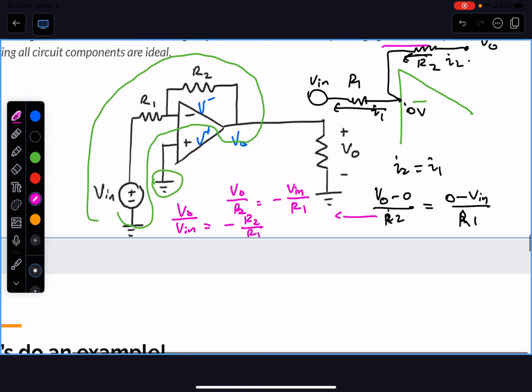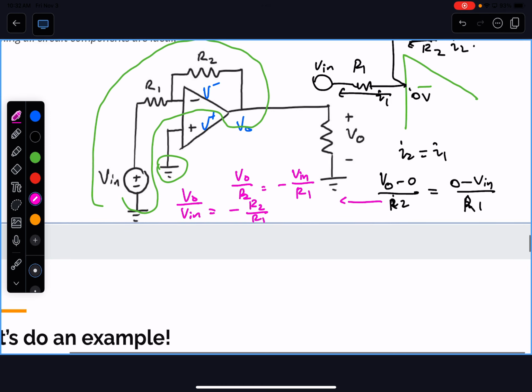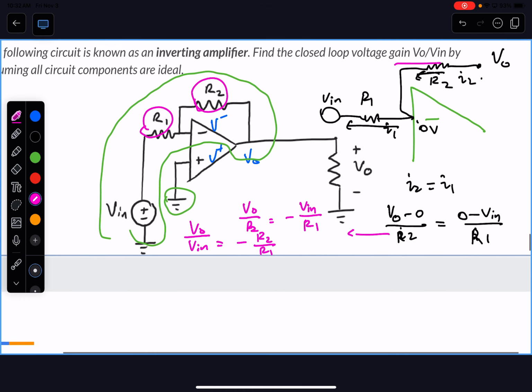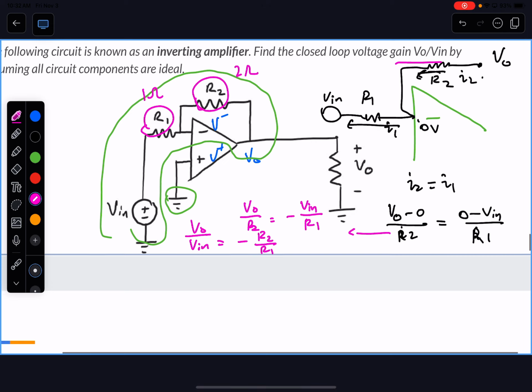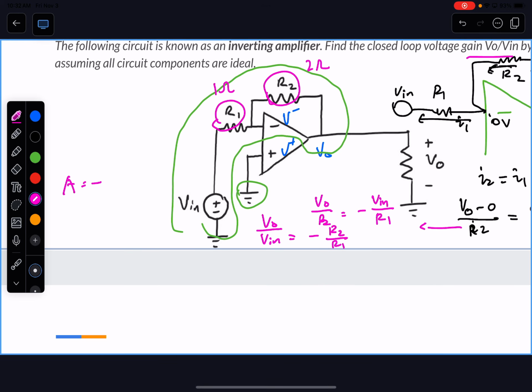So you see in this case, if you are able to define your R2 value and your R1, so let's say whatever your V in is, if you put your R1 to be 1 ohm and your R2 to be 2 ohm, then your gain becomes A equals negative 2 over 1, so negative 2.